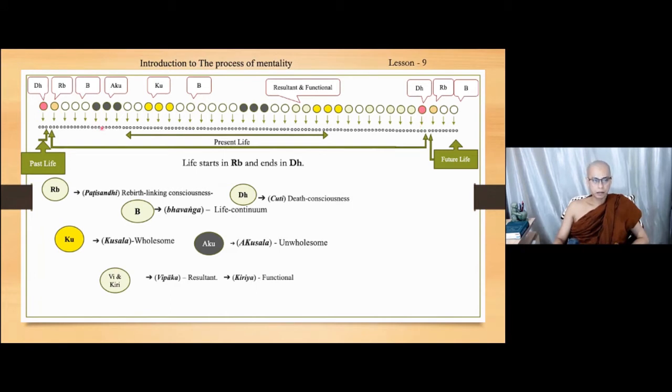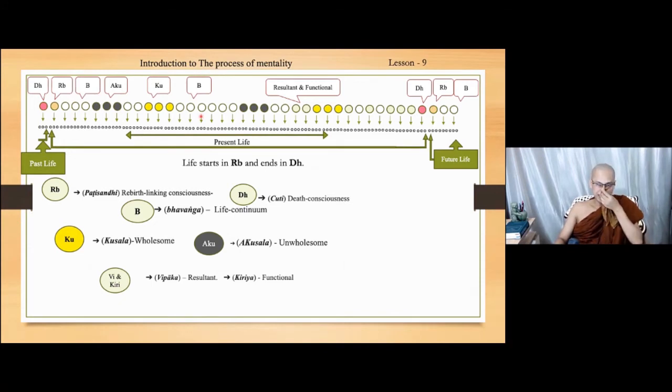During lifetime, the life continuum, bhavanga, arises. Sometimes, if we have improper intention, taking the object with improper attention, ayonisomanasikara, the akusala arises, and sometimes kusala arises.